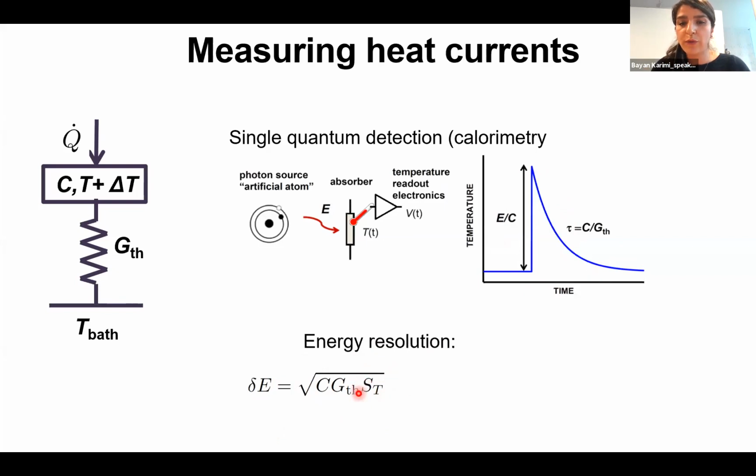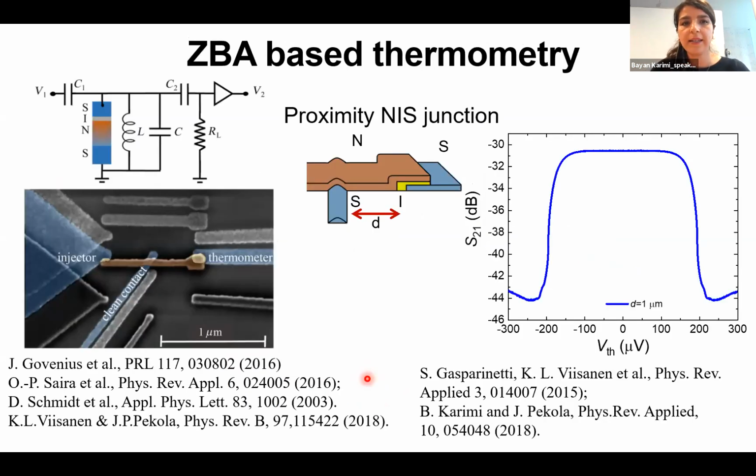So I want to focus on how we can boost or optimize the temperature detection that we have, let's say our thermometry, which we can measure based on time. This is the way we have our setup. We call it ZBA, zero bias anomaly thermometry. We put this into a lumped LC circuit.